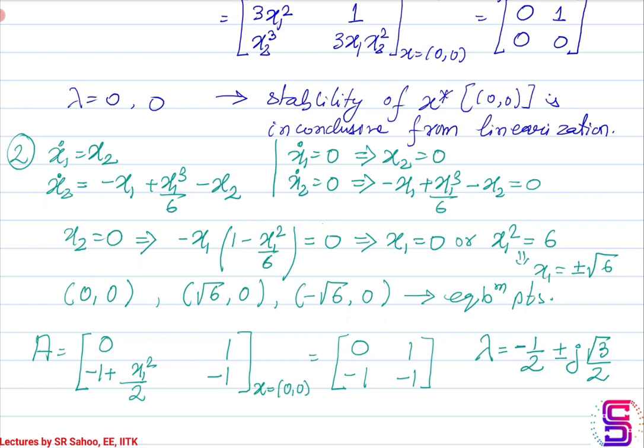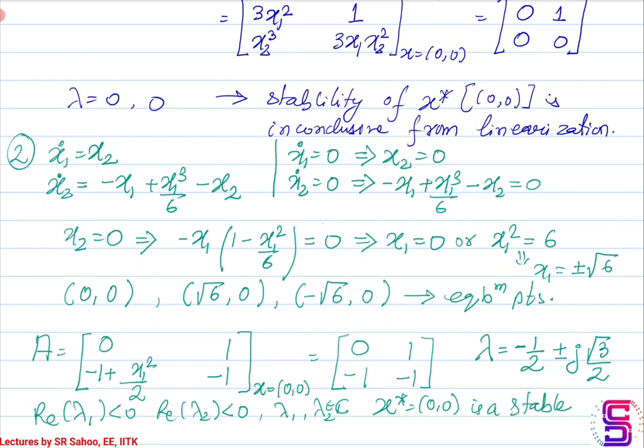Okay, so real of lambda 1 is less than 0, real of lambda 2 is also less than 0, lambda 1, lambda 2 are complex, which means x star equal to 0 0 is a stable focus.